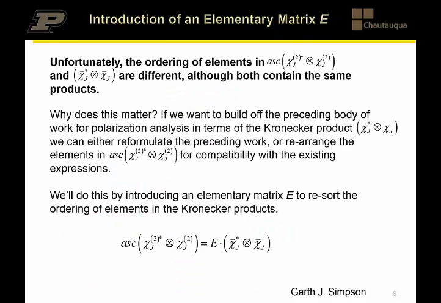But there is a way to get around that. If we can define an elementary matrix that will resort these, then we can get the set of products of Jones tensor elements that are given from the Mueller tensor architecture and relate them back to that framework we've already well established in terms of the Jones architecture.